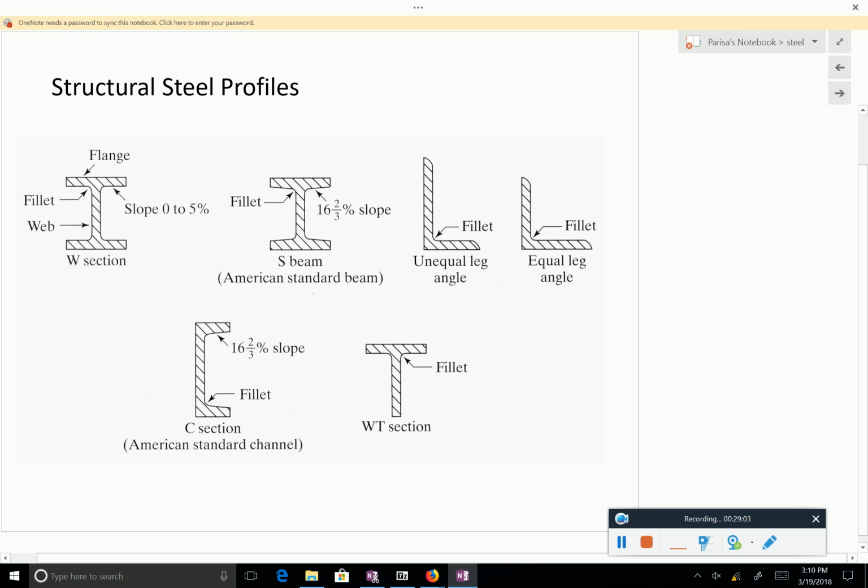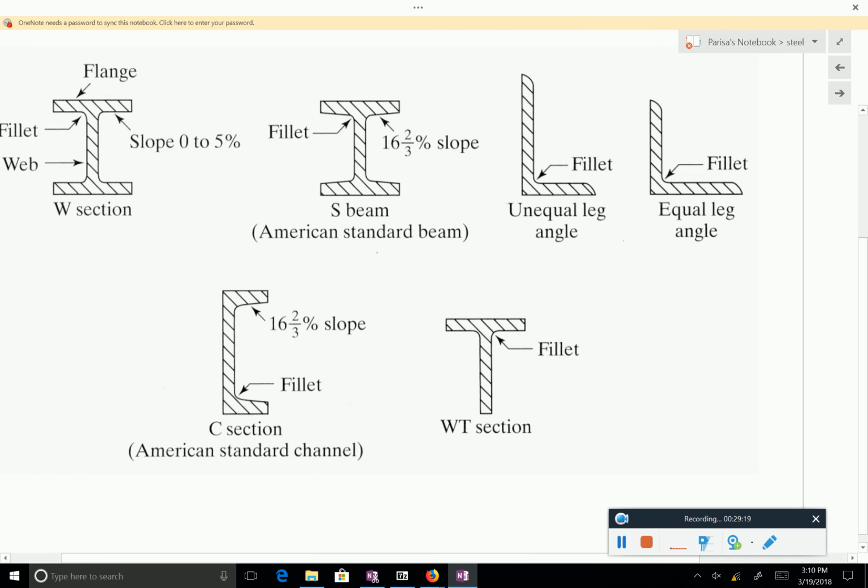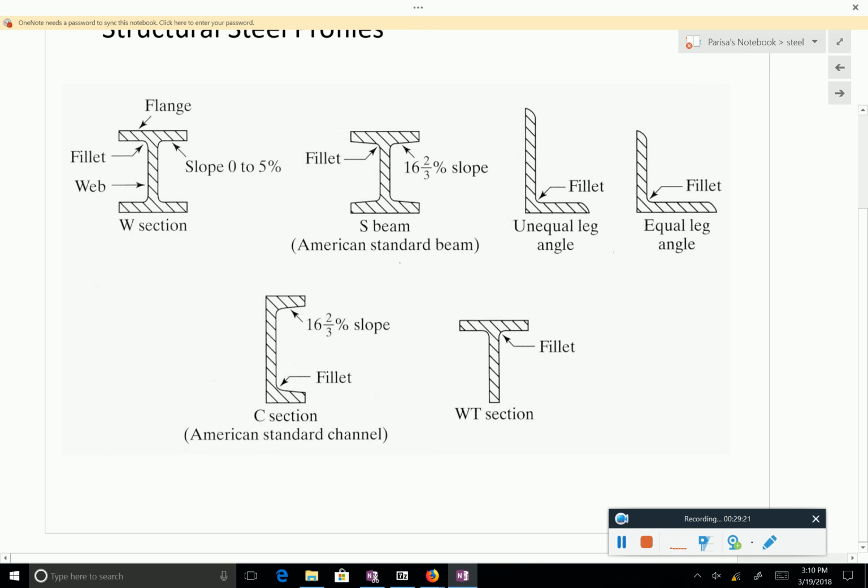The hot rolls, the steel that you get from the plant, the hot roll sections, these are the typical hot roll sections. I don't know if you have seen this in the job site, so you have paid attention. Beams and girders are typically W or S, for example.